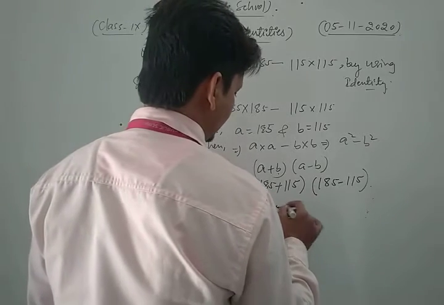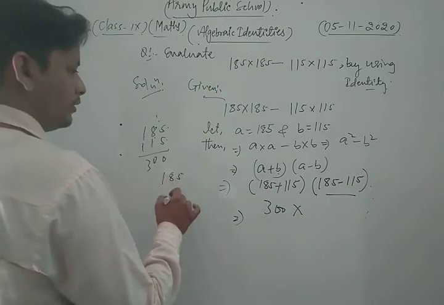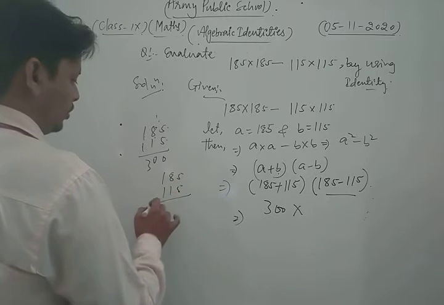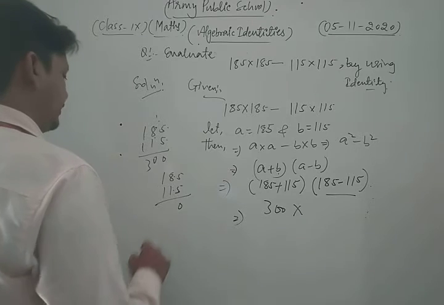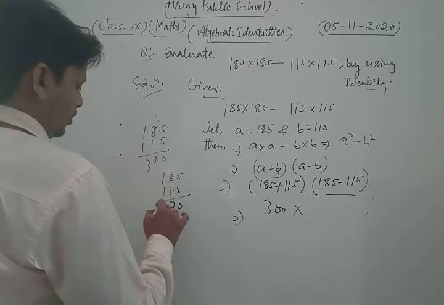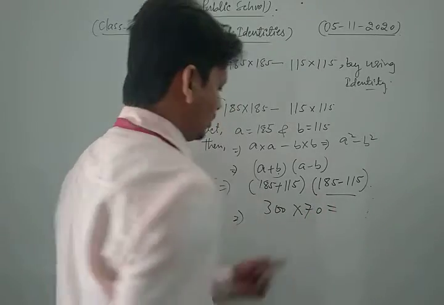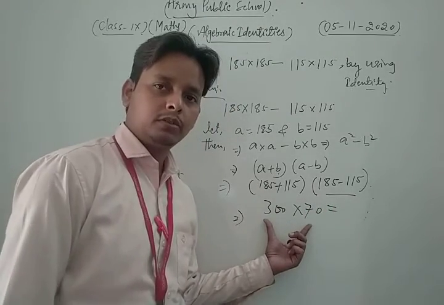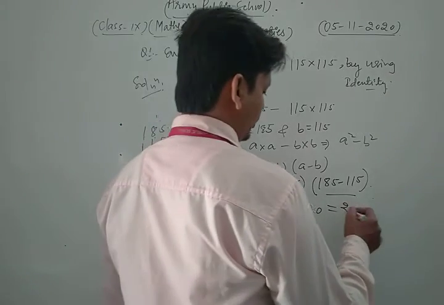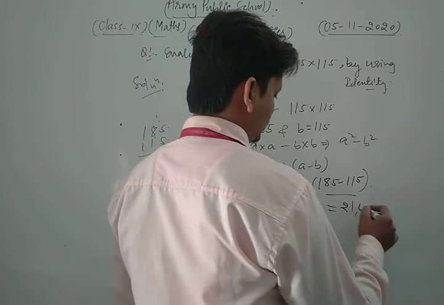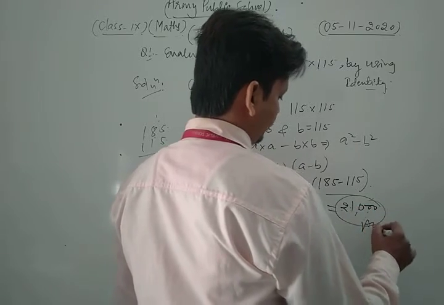This is your 300 multiplied by 185 minus 115. Look, this is 0, 8 minus 1, that is 7, so we get 70. Now we multiply them. 7 threes are 21 and then 0, 0, so 21,000. This is our final answer.